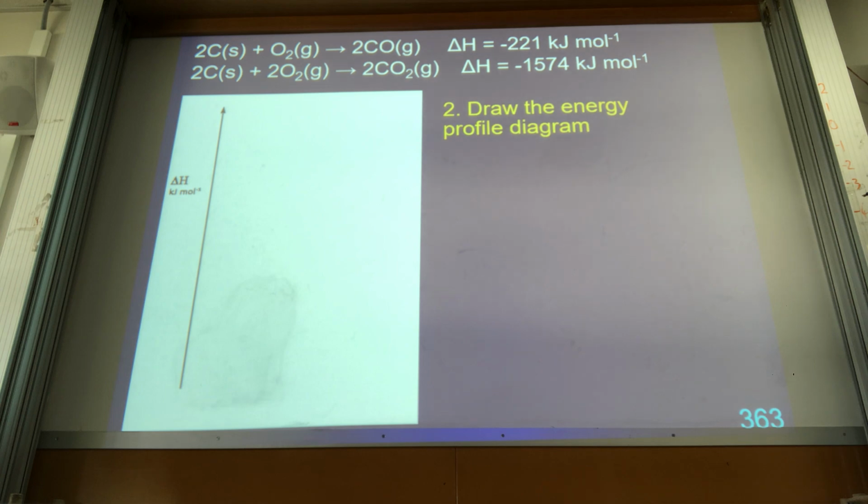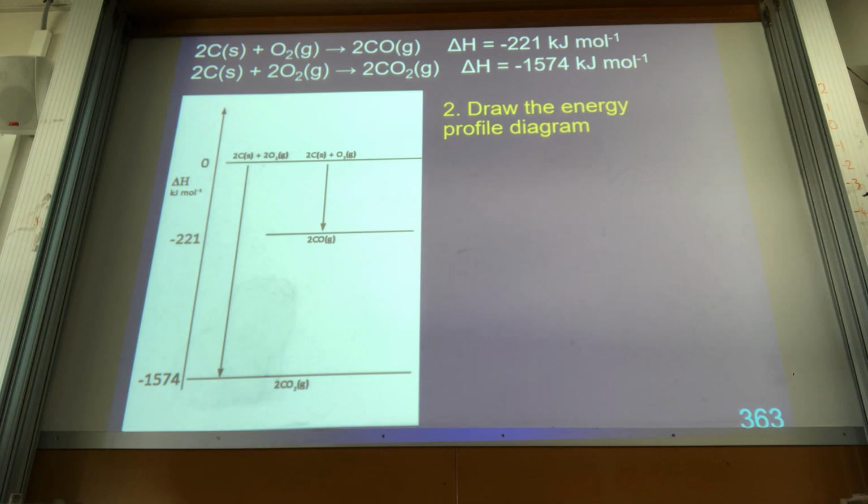So carbon to carbon monoxide is going to come down 221, carbon to carbon dioxide is going to come all the way down to 1574. So the reactants, the 2 moles of carbon, are the same in both cases. That's 0, and then the products at the appropriate level. Don't worry too much about the oxygens. They pretty much look after themselves so long as you get the major atoms, the carbons, balanced.